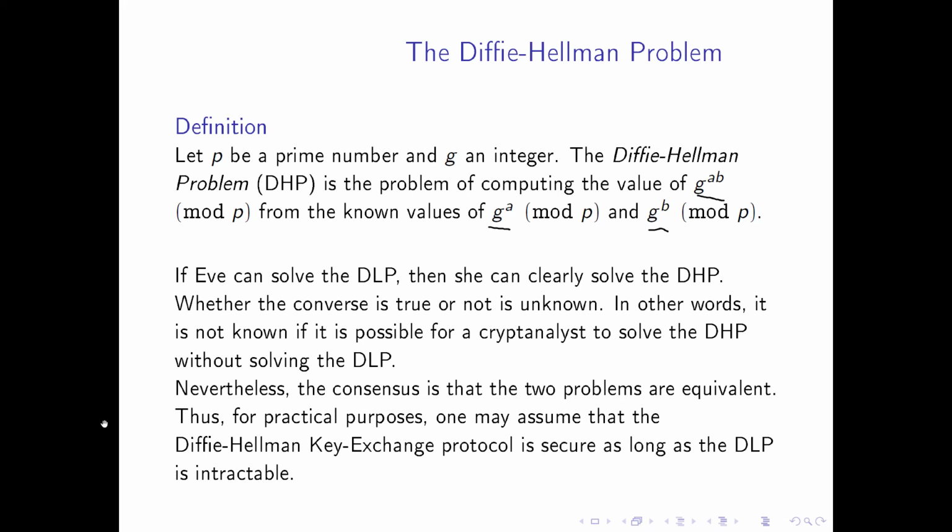And so you can't solve one without solving the other. That's pretty much assumed and treated that way for practical purposes. If you can figure out how to do that, good for you. If you can figure out a way to solve the Diffie-Hellman key exchange without the discrete logarithm problem, awesome.